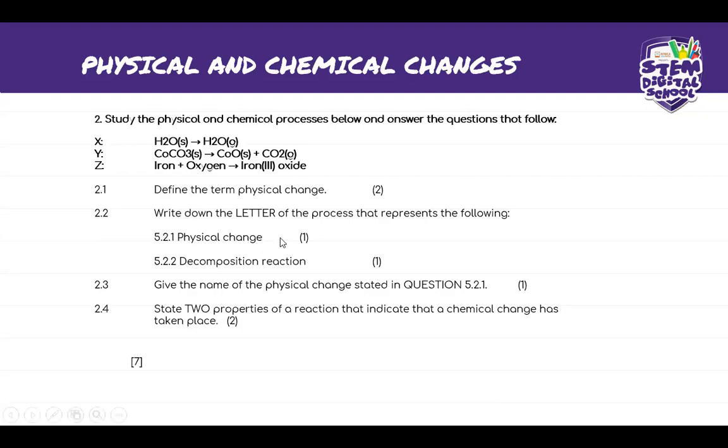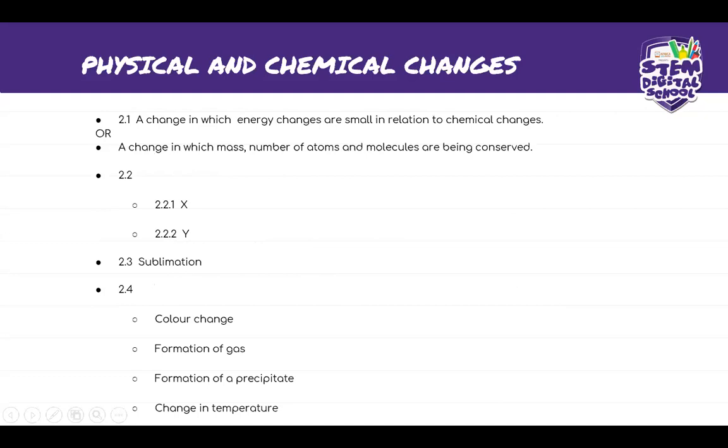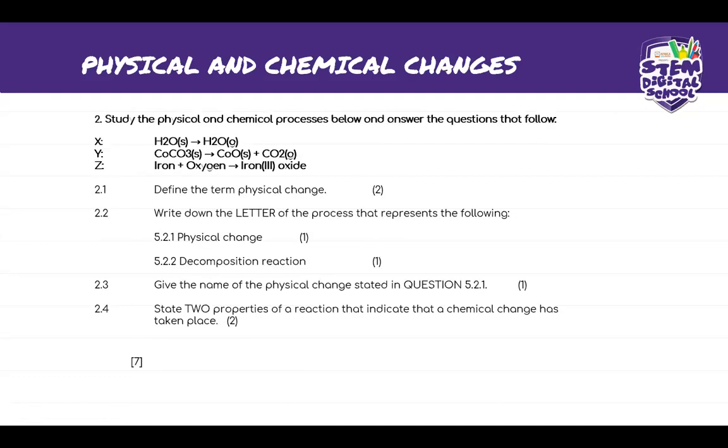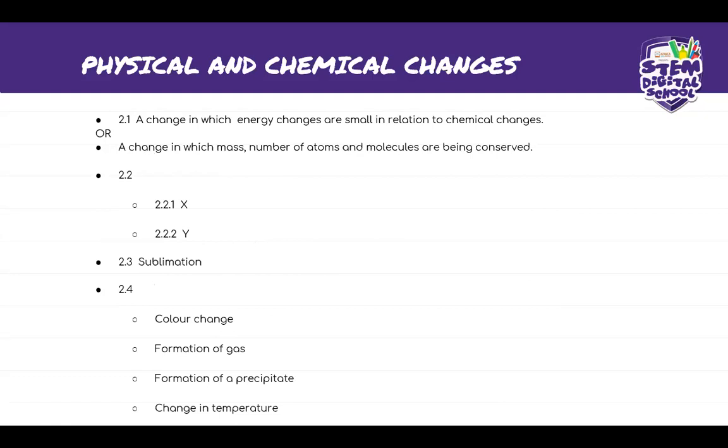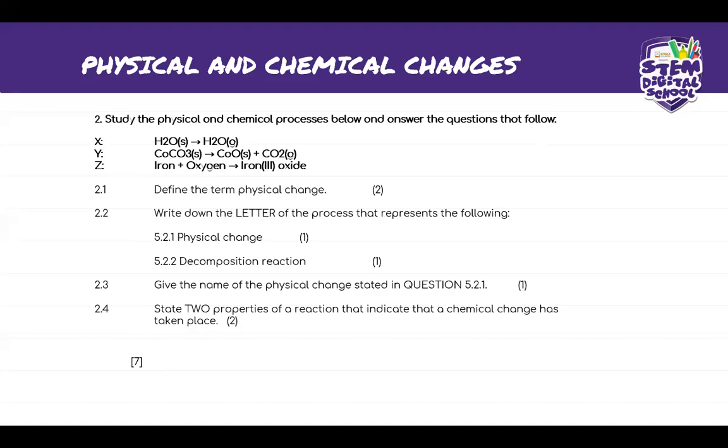And then number 2, it says write down the letter of the process that represents a physical change and a decomposition change. So on number 1, it says a change in which energy changes are small in relation to a chemical change, or a change in which mass, number of atoms, and the moles are being conserved. So we move on to 2.2.